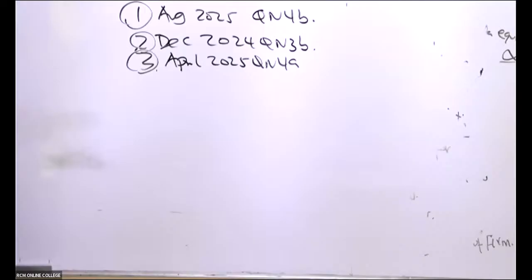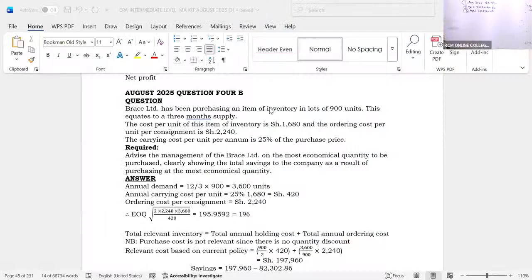Thank you so much. So we are told here, ladies and gentlemen, Brace Limited has been purchasing an item of inventory in lots of how many units here? 900 units. This equates to a 3-month supply. The cost per unit of this item of inventory is 1680.